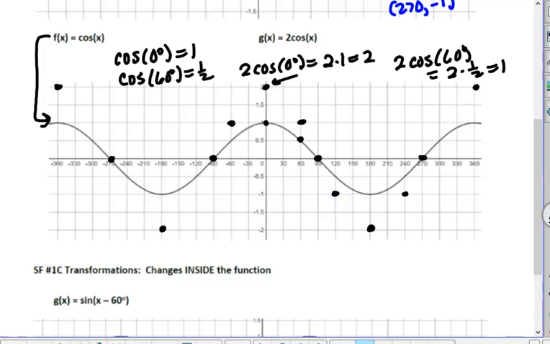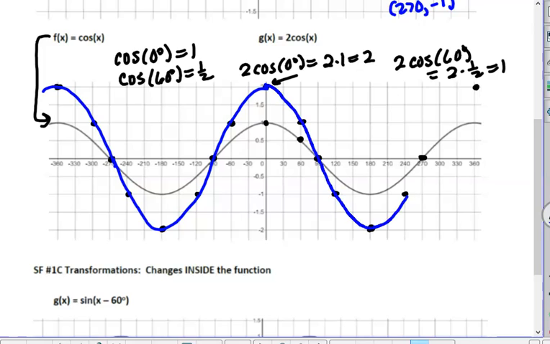So I can plot a couple of extra points and see what this graph is going to look like. It's going to look stretched both up and down from the x-axis. It's 2 times taller than what it used to be. So that is what the graph looks like.